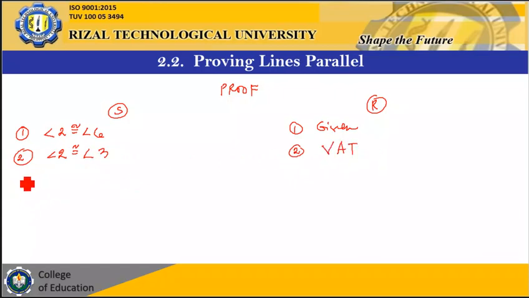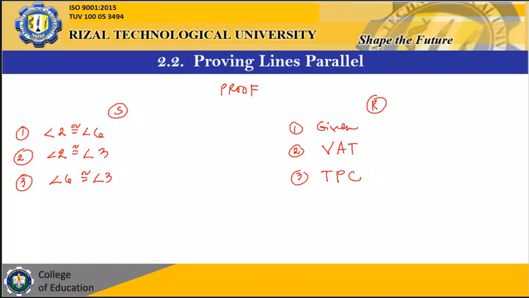And of course, it's obvious already that angle 6 is congruent to angle 3 by the transitive property of congruency.